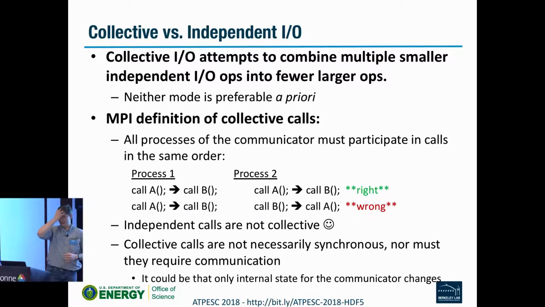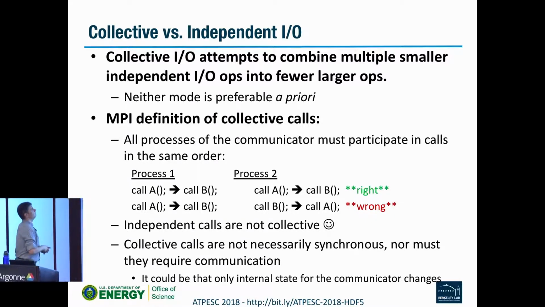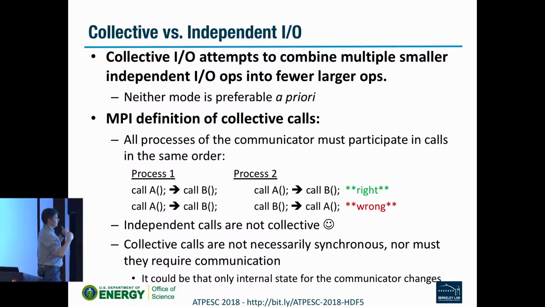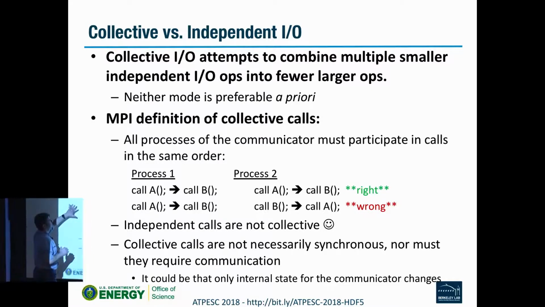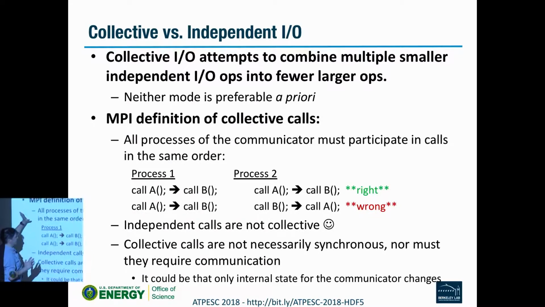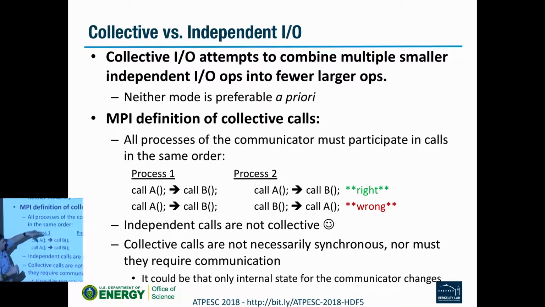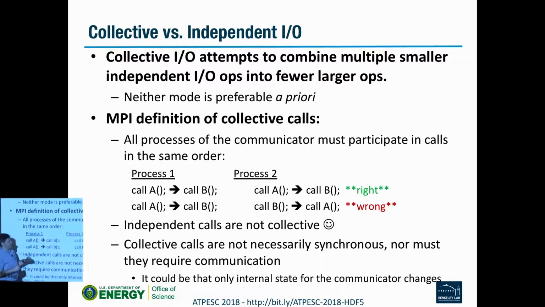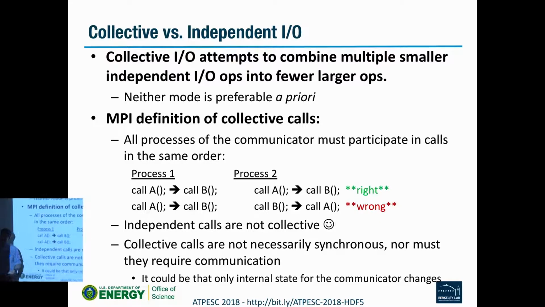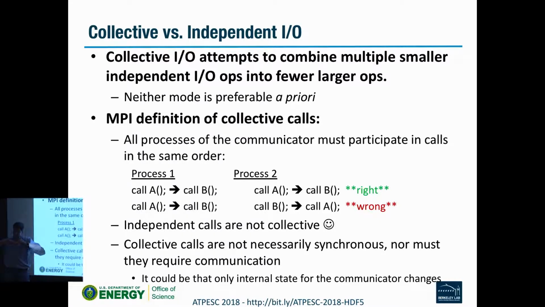Collective and independent I/O, touching on it again here. To reiterate, MPI says that for a collective call, all the processes of the communicator have to participate in those calls in the same order. You can get effectively deadlocks if you call them in the wrong order.